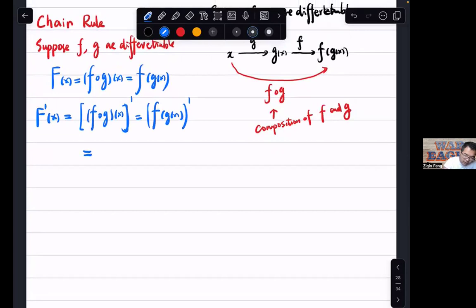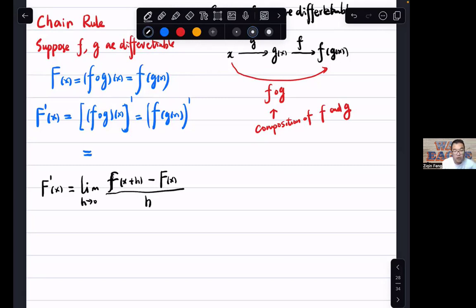So F prime of x by our definition is the limit as h goes to 0 of capital F of x plus h minus F of x over h.